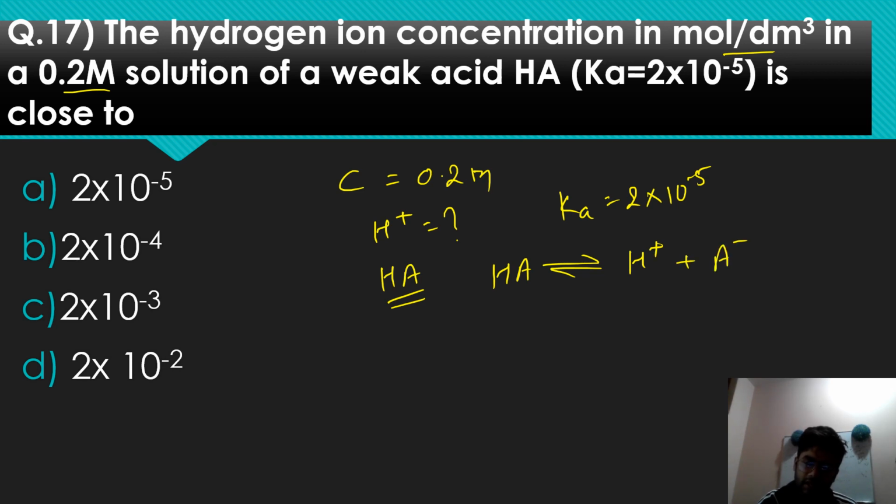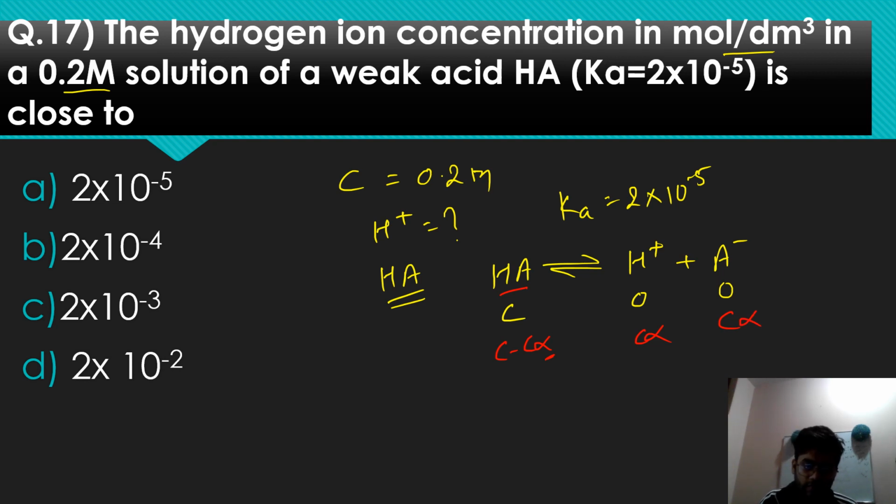When HA is at initial concentration C, the concentration of H plus and A minus is 0. After a certain time, or at equilibrium, the concentration of HA will decrease to C minus C alpha, where alpha is the degree of dissociation, and then the concentration of H plus is C alpha and the concentration of A minus is C alpha.